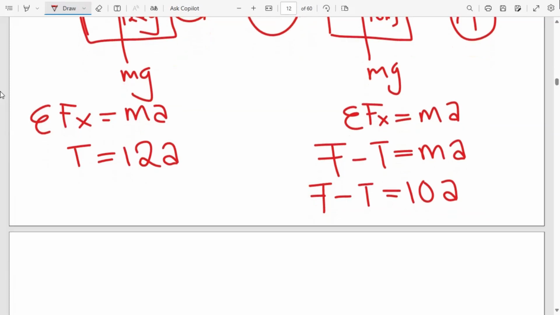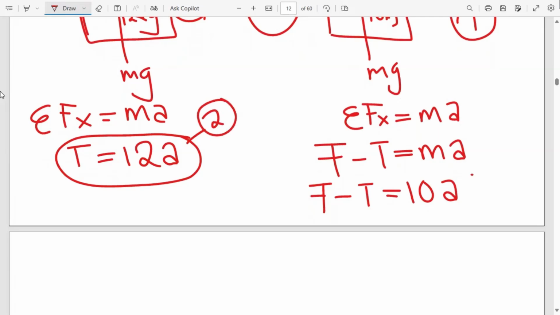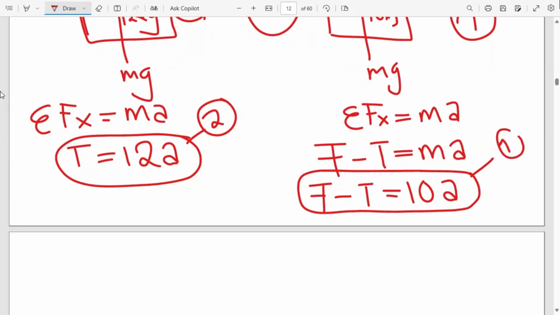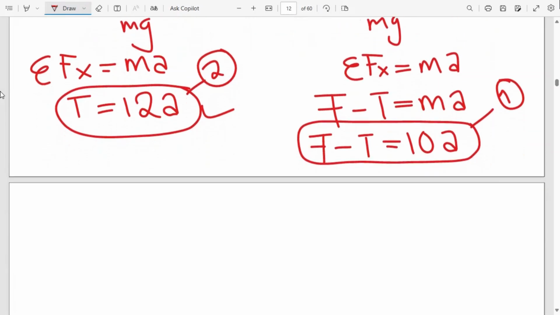If we look at the two equations that I have, I can call this my equation 1 and this one my equation 2. You can tell they are missing the same things. They are missing tension and acceleration. So I can get this and plug it where I have tension in this other equation to help me calculate the value of acceleration.